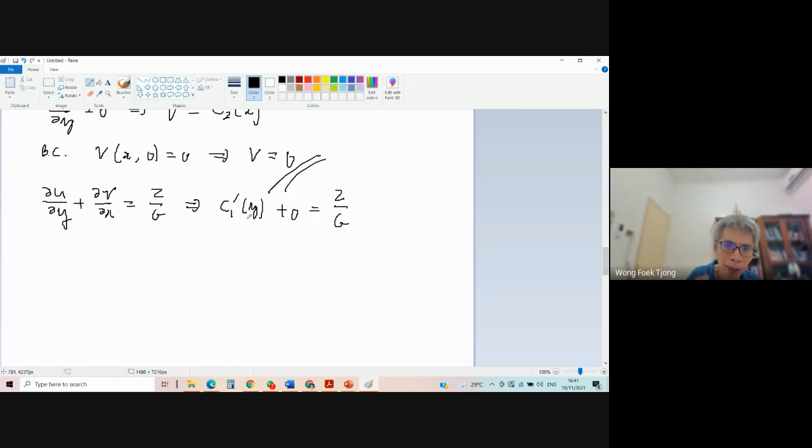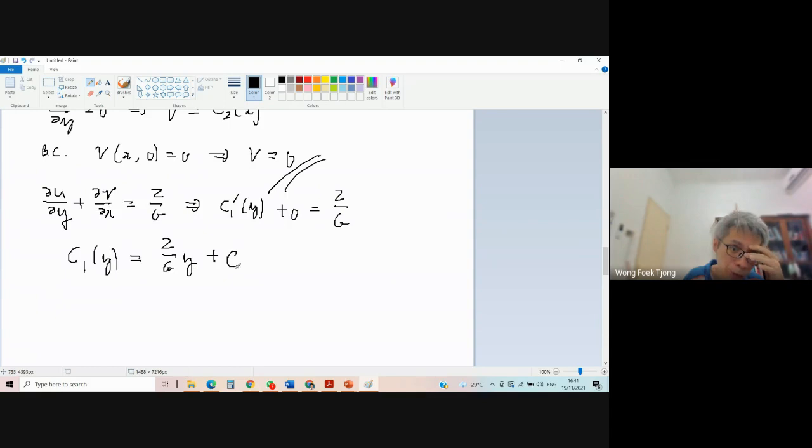So the first derivative with respect to y is equal to a function of y, which equals a constant. So the constant itself we just integrate, right? The integral of the constant is tau over G times y plus a constant, a real constant, no longer a function because this is only a function of one variable.